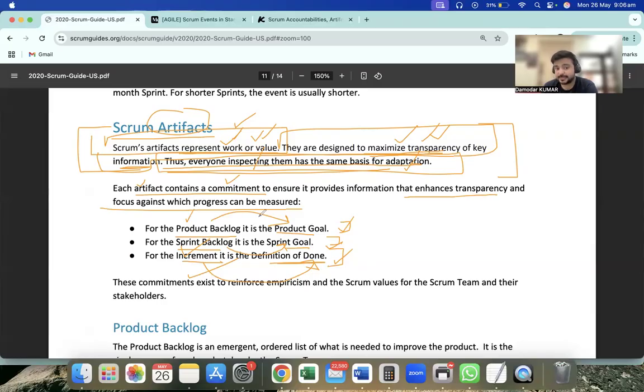These commitments have the word goal written, and definition of done. They enhance transparency and focus against which progress can be measured. I took an example this time, so let's take a different example.